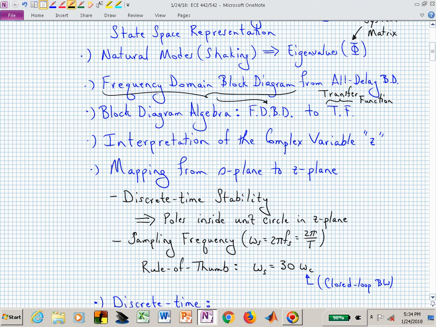If you were comfortable with locations in the complex s-plane corresponding to certain dynamics, as far as how quickly a particular response might decay or how it might oscillate, let's see if we can start to get that same comfort level in the z-plane. And we'll talk about this mapping from the s-plane to the z-plane and where that relationship between s and z actually comes from.